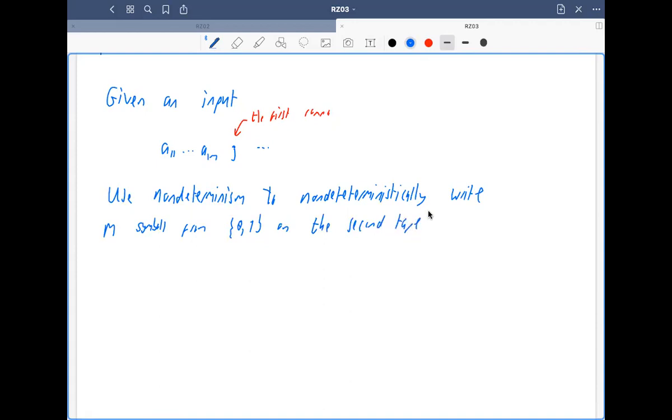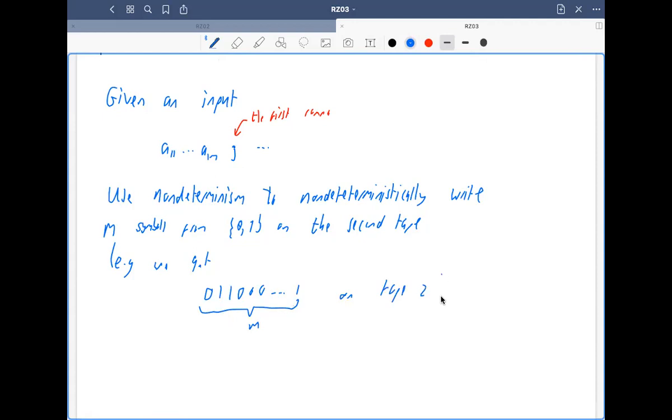So the point is, we just go into a non-deterministic little loop that m times we make a non-deterministic choice between 0 and 1 and write it on the second tape. So e.g., we get 0, 1, 1, 0, 0, 0, 1, up to m, so there are m such things on tape 2.